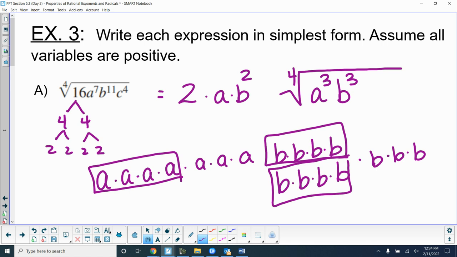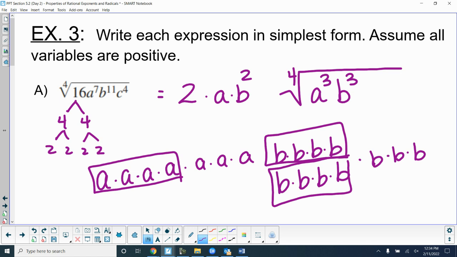So the beginning part is still part of the answer. The 2 is from the 4 2's. The A is from these 4 A's in the box. The B squared is because there's 2 boxes of 4 B's. There were 3 A's left over, so that's why it's A cubed.